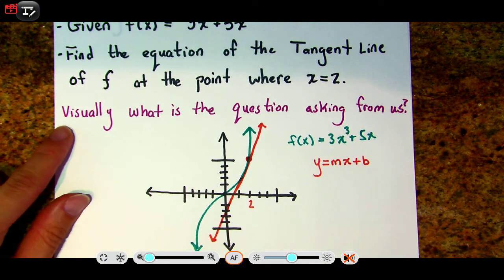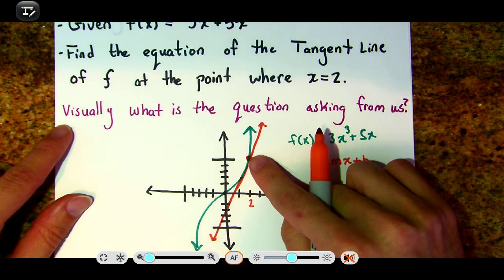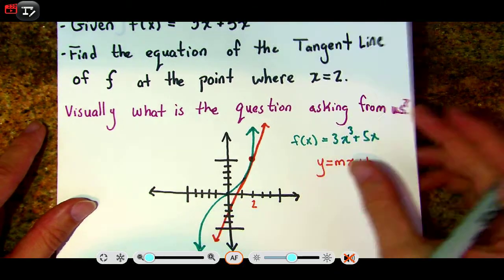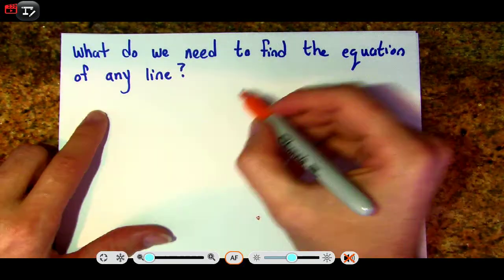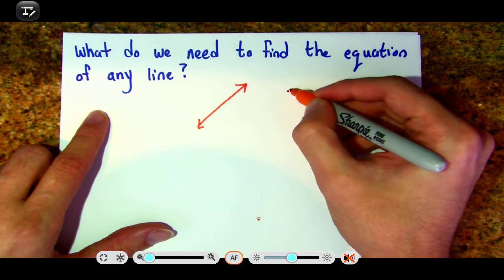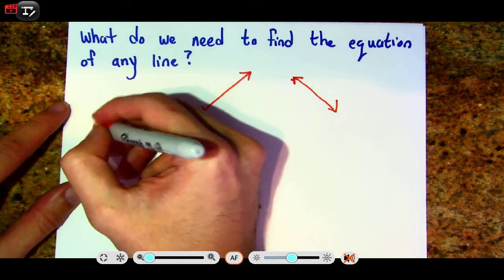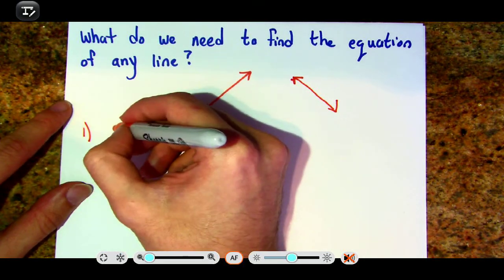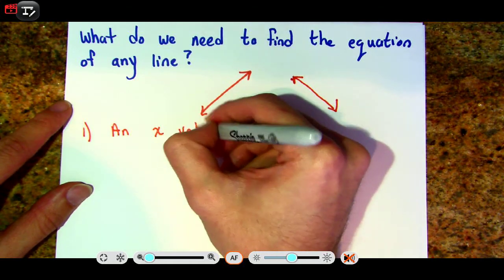So then how do we do it? How would we find the equation of this line? What do we need to find the equation of any line? If I have any line, like this, whatever the case may be, what do we need? We need two things. One, an x value and a y value.